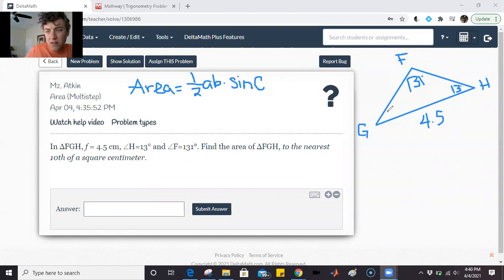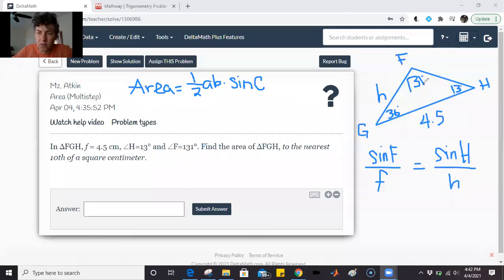Okay, great. So angle G is 36 degrees. And now we could use our law of sines to figure out side h, in which case we would have an angle, 36 degrees, and two sides that form that angle that we can use in this area problem.